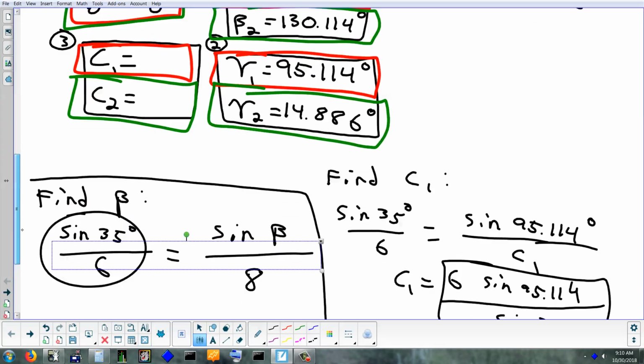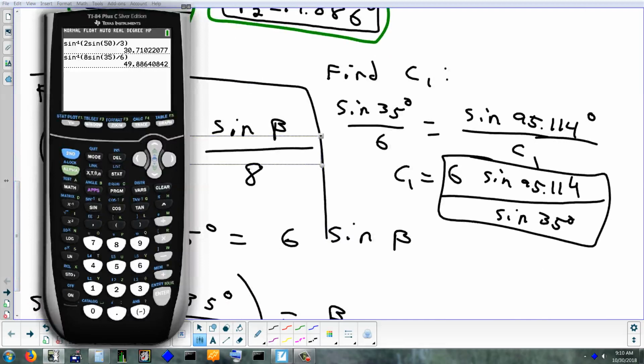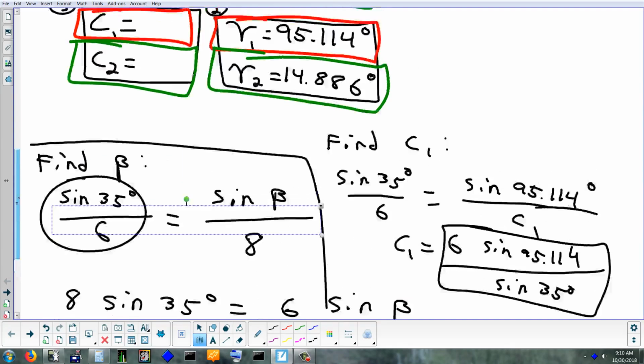All right, so let's see what we get. So 6 sine 95.114 divided by sine 35. Okay, so I get an answer between 8 and 14. So it seems reasonable. 10.419.